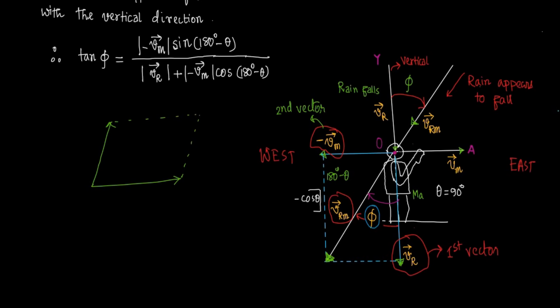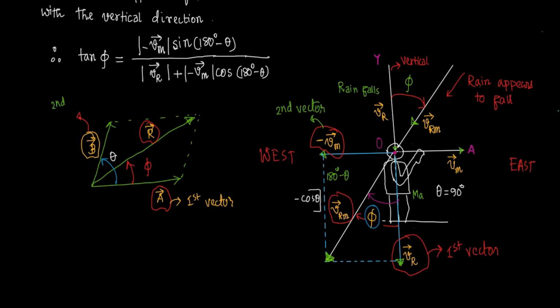Two vectors, vector A and vector B, are represented in magnitude and direction by the two adjacent sides of a parallelogram, and the diagonal is the resultant vector. The two vectors act at an angle theta with each other. Vector R is the resultant vector which makes an angle phi with vector A. That's why vector A is the first vector, and the other vector is the second vector.